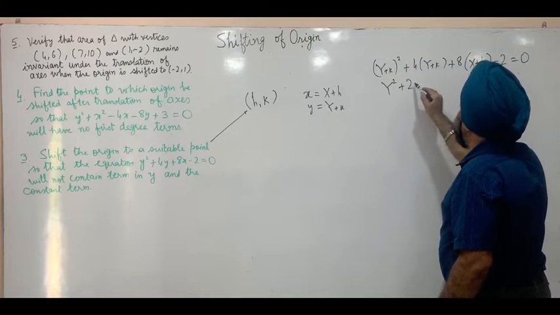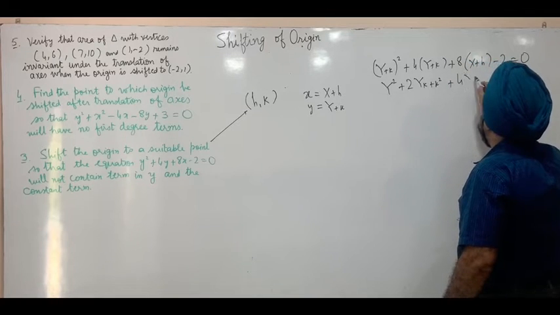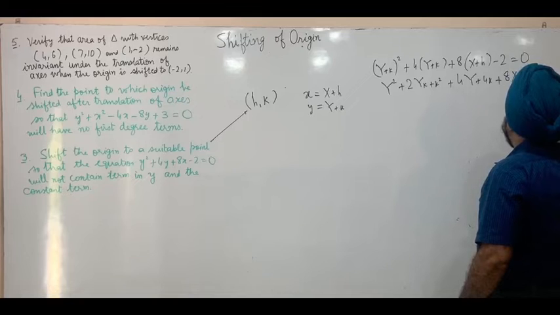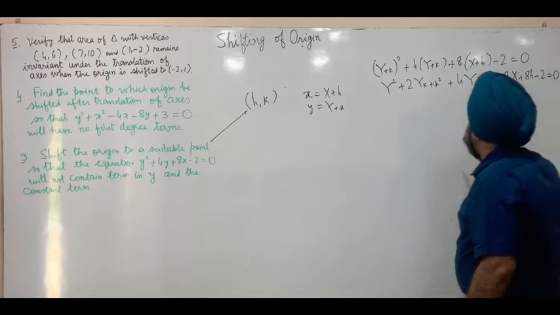Simplifying: Y square plus 2Yk plus k square plus 4Y plus 4k plus 8X plus 8h minus 2 equals 0.